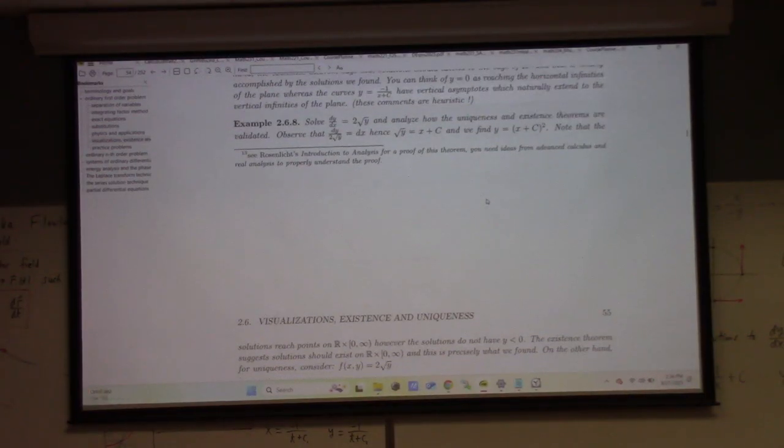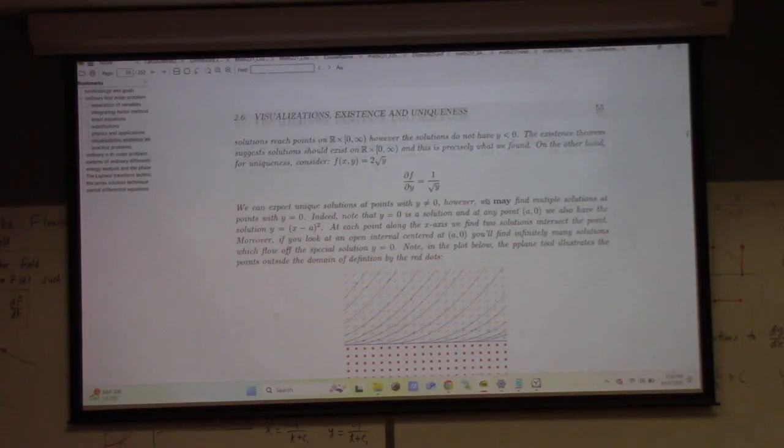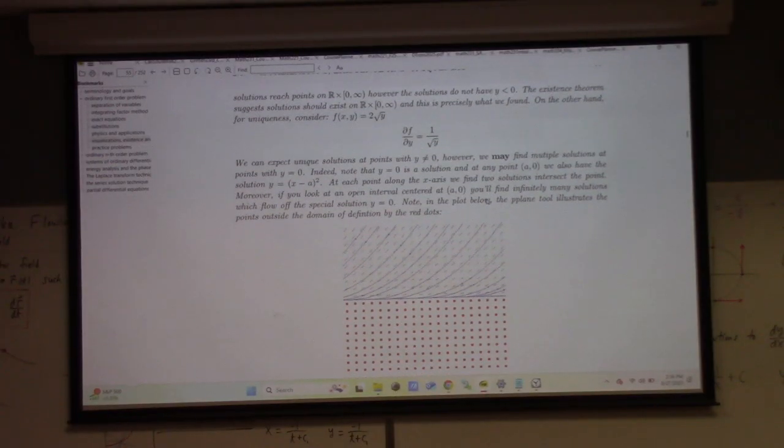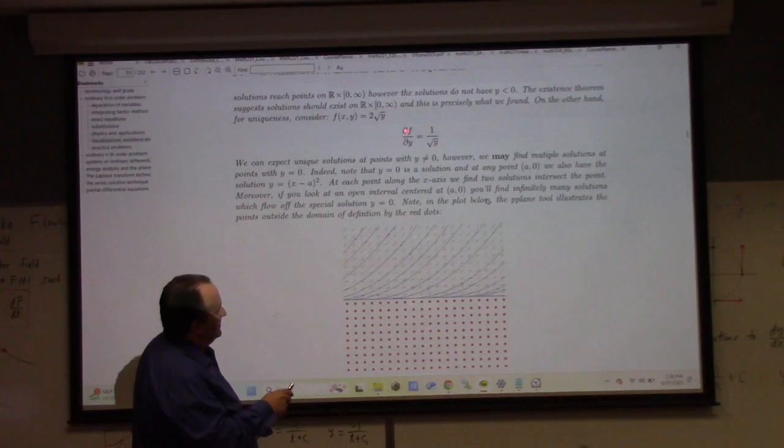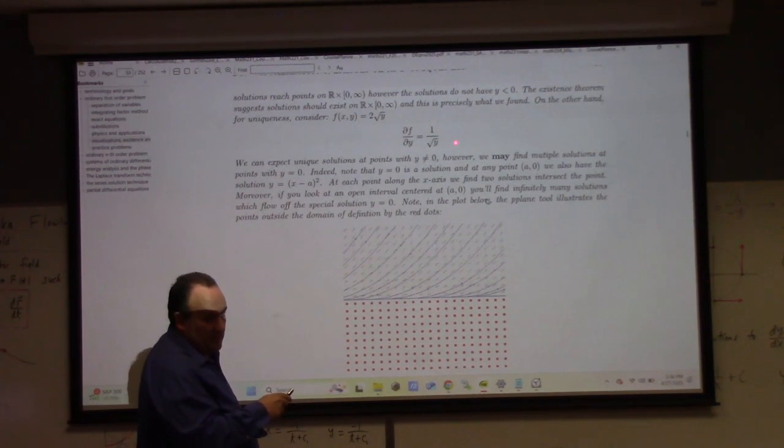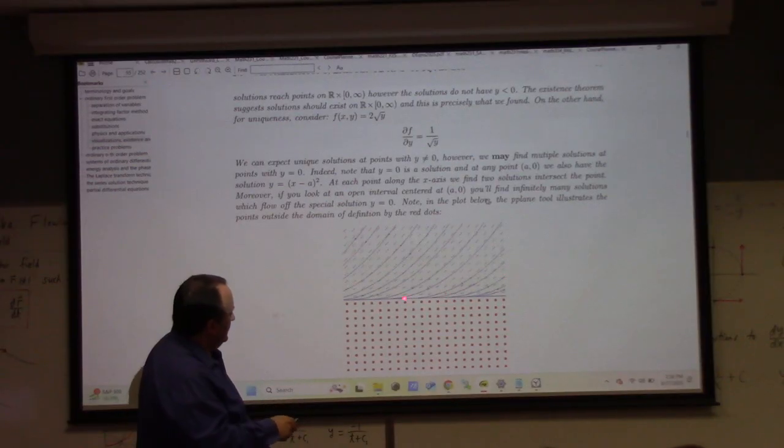So here's dy/dx equals 2 square root of y. I like this one because it illustrates a certain utility in what's called the phase plane. Here partial f partial y is 1 over root y, which is definitely not continuous when y is equal to 0. Trouble. And that's reflected in the graph down here.